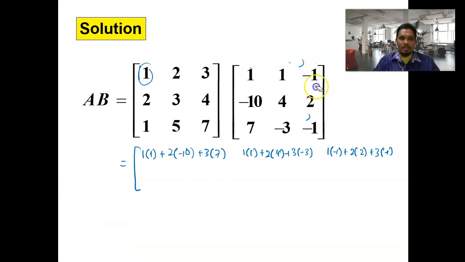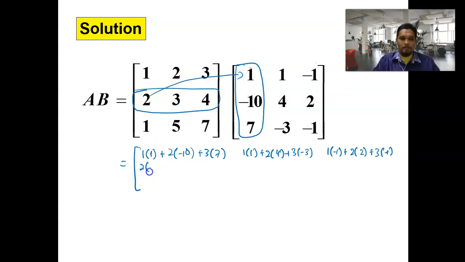Then next, we're going to look at the elements in row 2 and column 1. So 2 times 1, plus 3 times negative 10, plus 4 times 7.